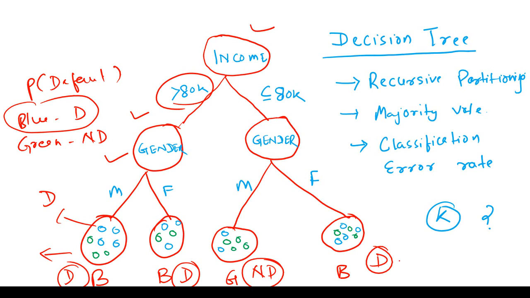So that's the way you come to know the category of a particular customer when we look at this decision tree. Now there are a few things to remember here. For any decision tree, whether it's regression or classification, it is built through what is known as recursive partitioning. That means you partition your data in such a way that you get some sort of uniformity at the lower end of the split, or lower end of the strata.